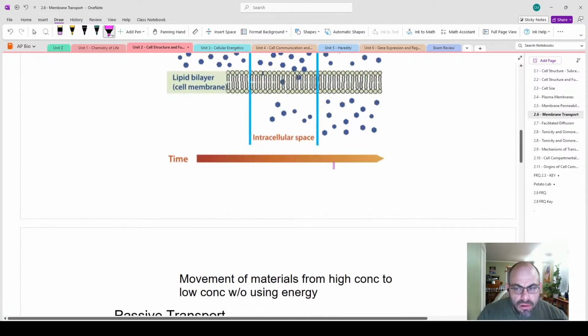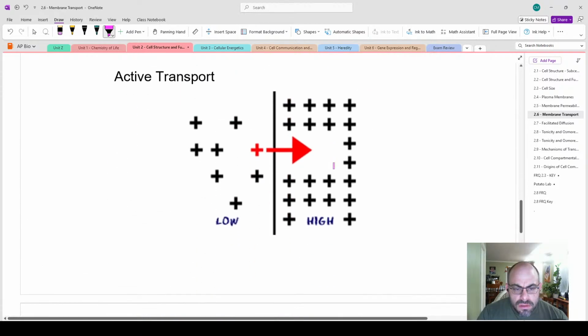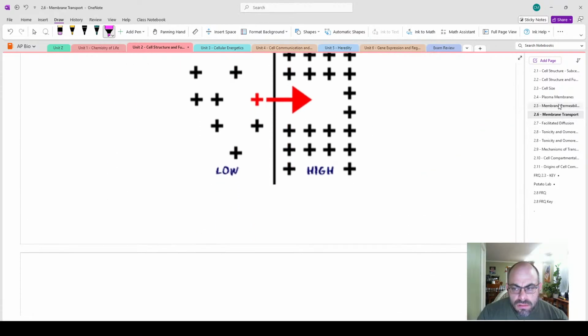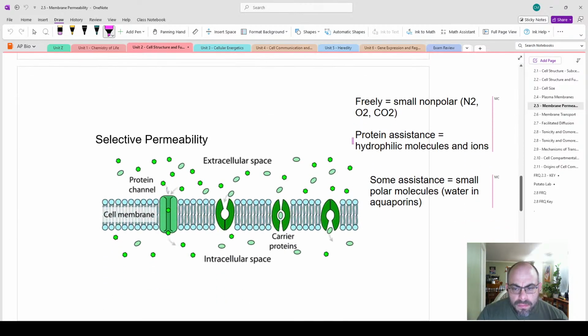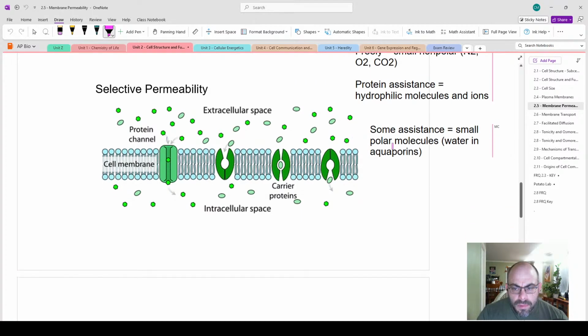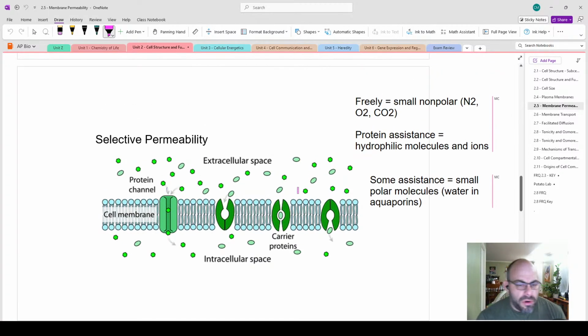I thought I had aquaporin on here somewhere, but I guess I don't. Yeah, water and aquaporins. There it is. So yeah, it's just a protein channel that allows the passage of water.